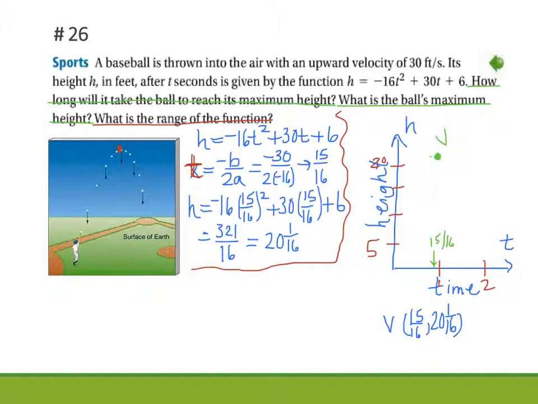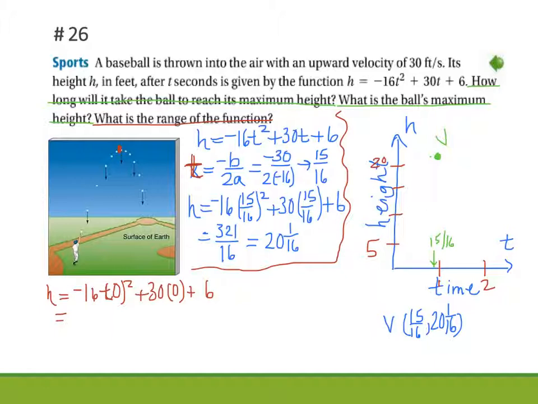Well, when the ball starts out, before you actually have the player throwing the ball, the time is going to be 0. And at a time of 0, I want to know, well, what would my height be? So if I put in a 0 in for t, what height would I have?